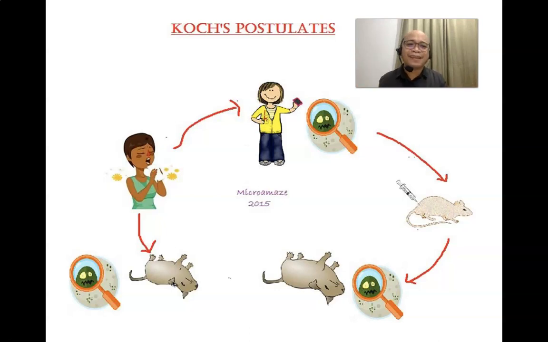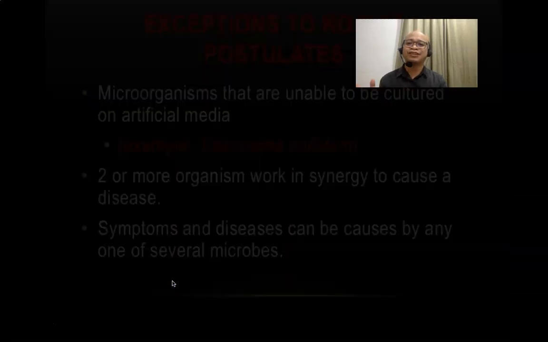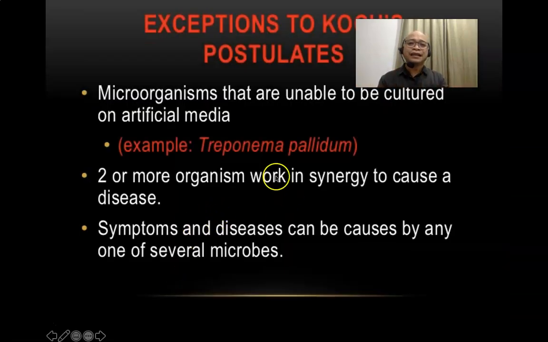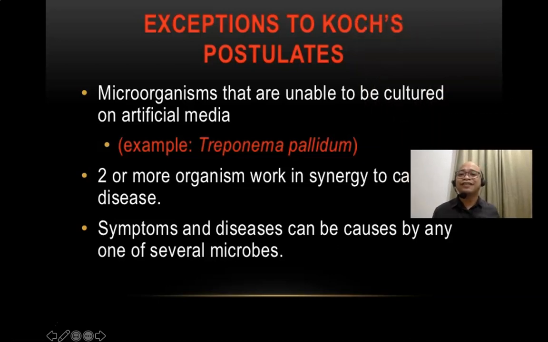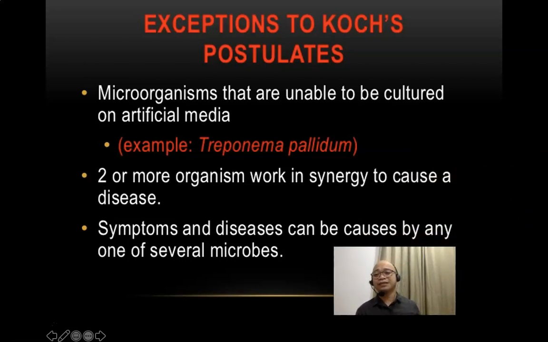However, there are exemptions in Koch's postulate. There are some microorganisms that are unable to be cultured on artificial medium. Example, Treponema pallidum, coronavirus, SARS-CoV-2. The coronavirus cannot be cultured. Therefore, they cannot be demonstrated using Koch's postulate as a model.